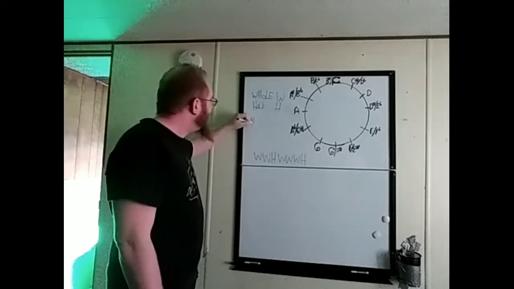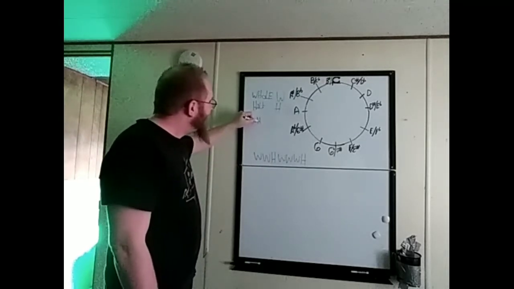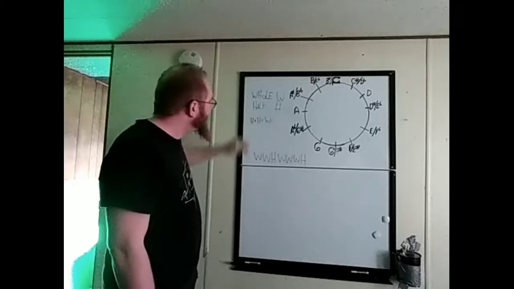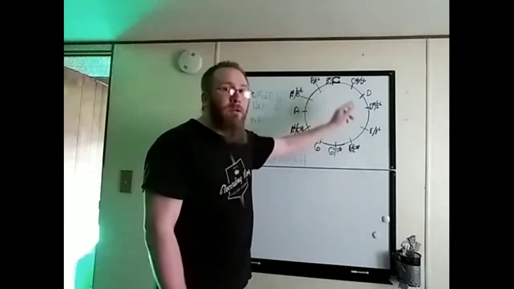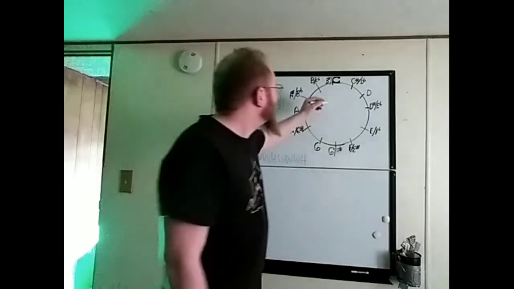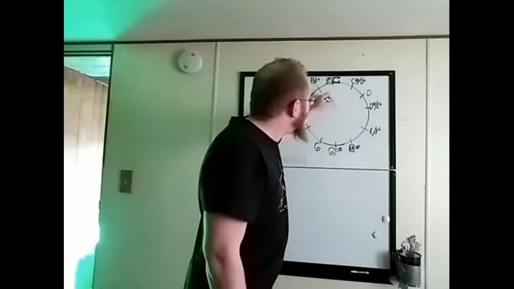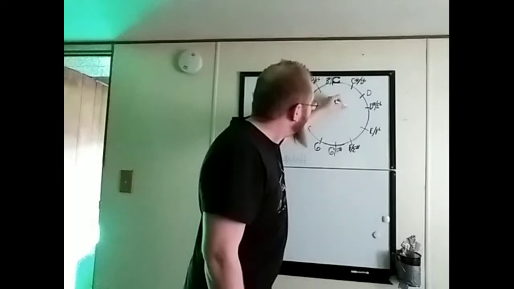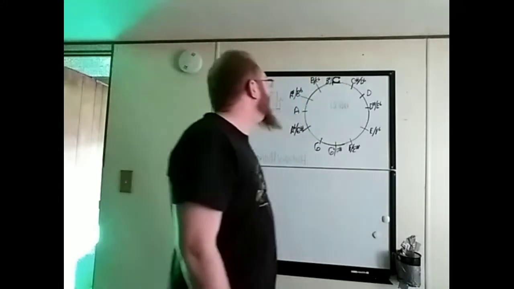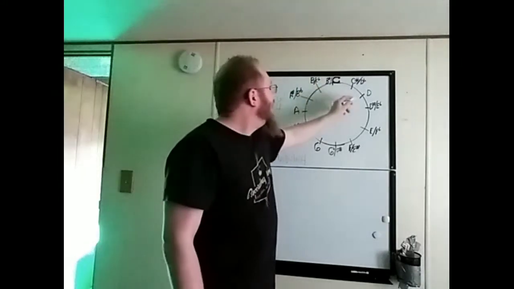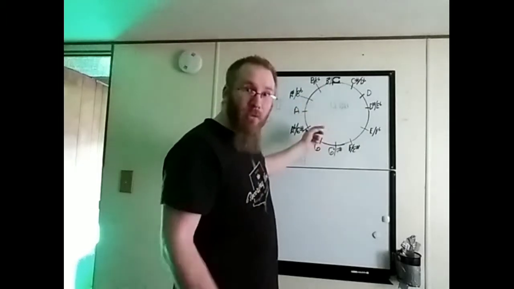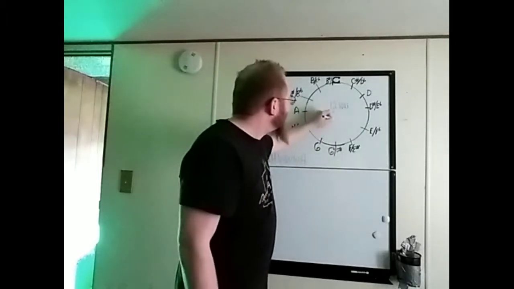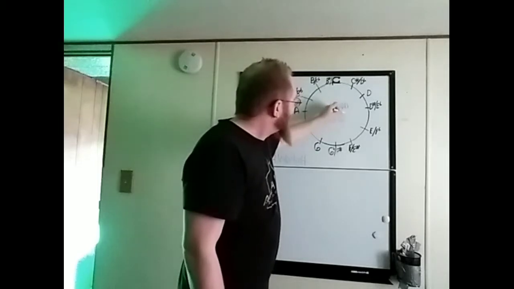So, half plus half equals whole. And there are 12 half steps. And then we have 1, 2, 3, 4, 5, 6 whole steps, right? Because of math, 6 whole steps.